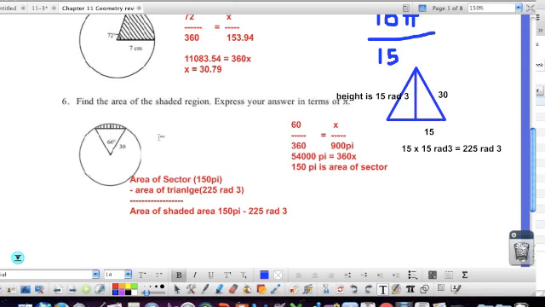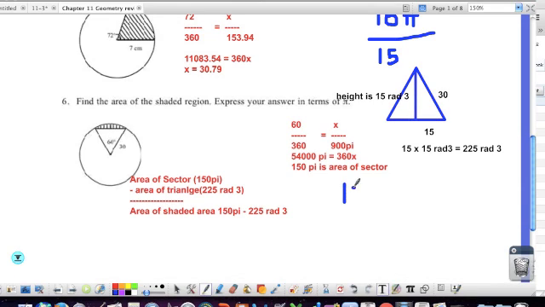The area of the total circle is the radius squared, so 30 squared is 900 times pi. When we cross multiply, 60 times 900 is 54,000, so 54,000 pi equals 360x. Divide 54,000 by 360, and we get 150 pi.